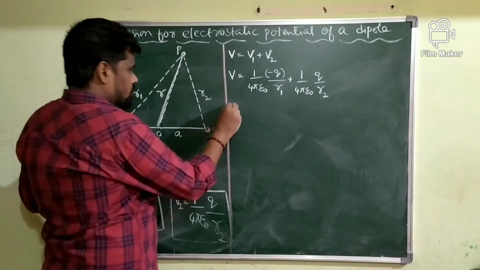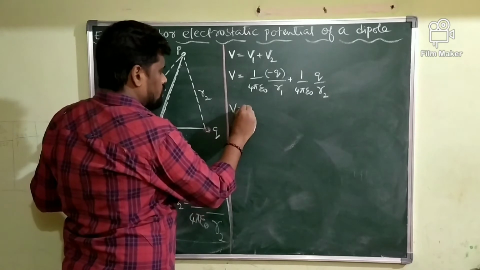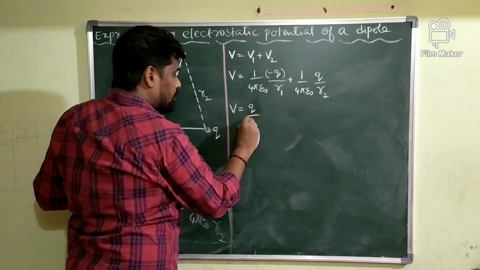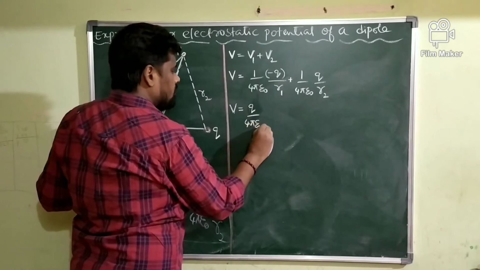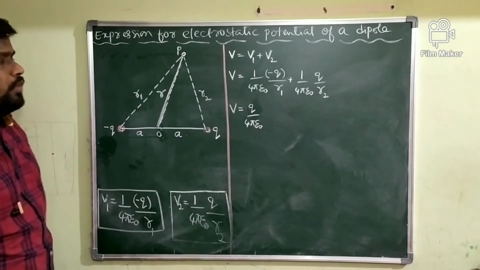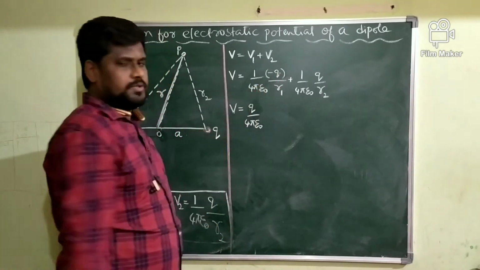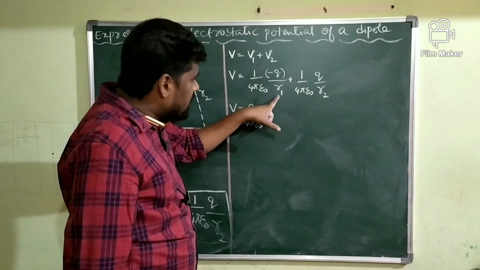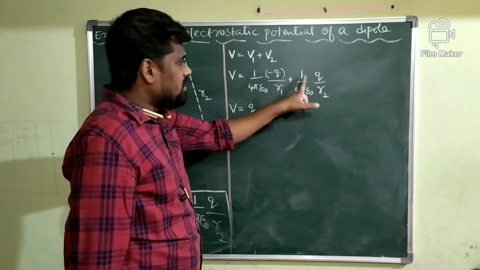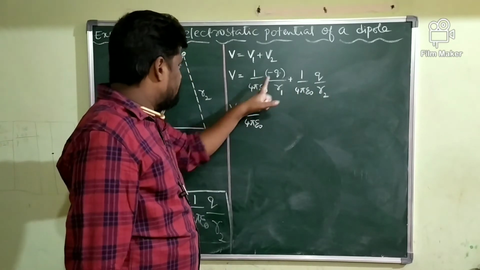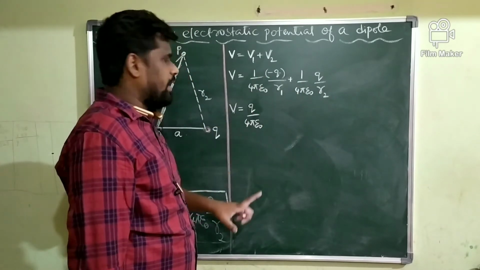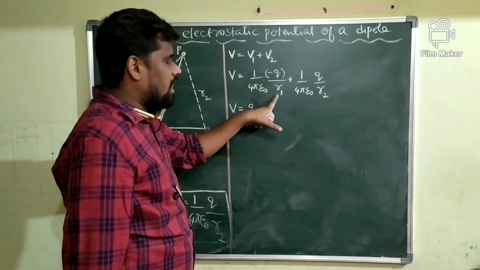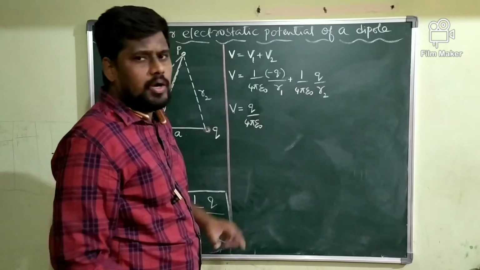Next, V equals 1 divided by, I will take Q divided by 4 pi epsilon naught common. Here I am left with minus 1 by R1, and here plus 1 by R2.